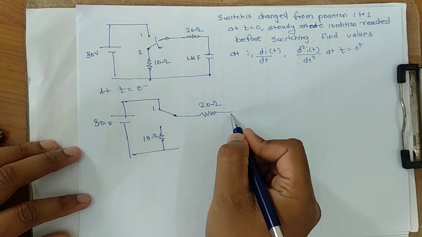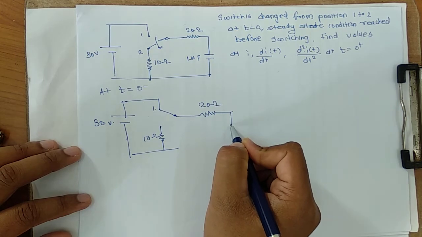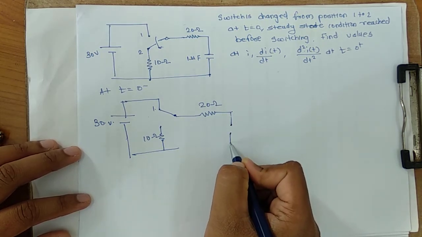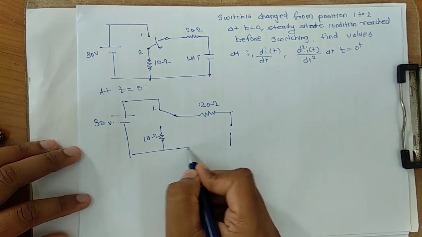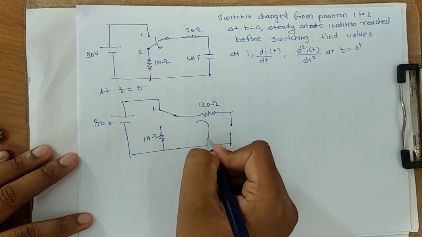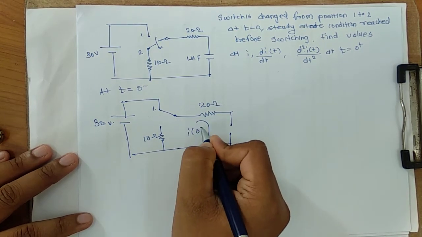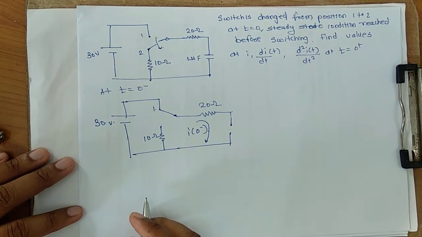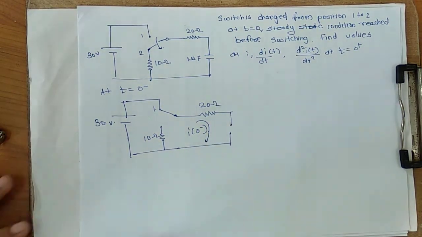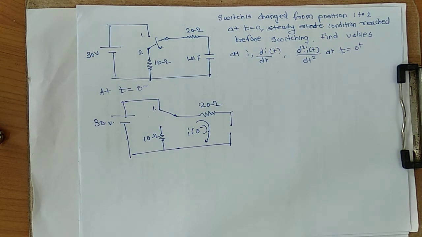Now what will happen with this capacitor? Some voltage will be created across this capacitor. I will make this an open circuit. This is I of 0 minus. So what will be the current I of 0 minus? You have to calculate the previous conditions. What are the previous conditions you have to calculate?